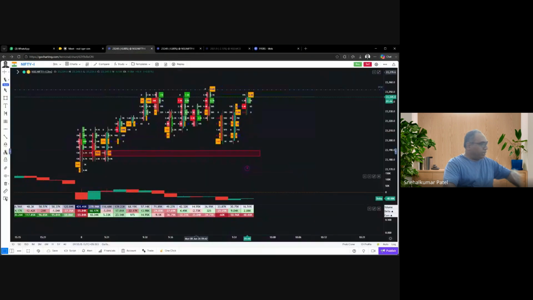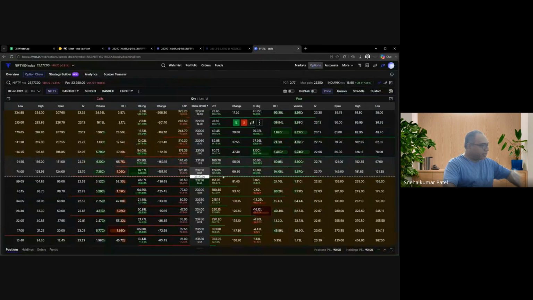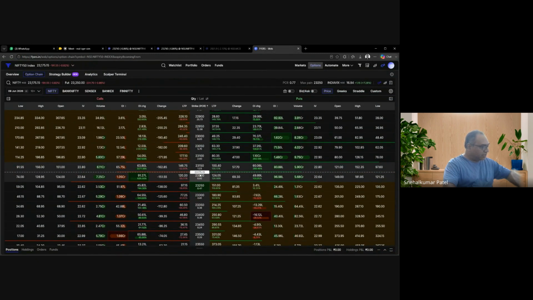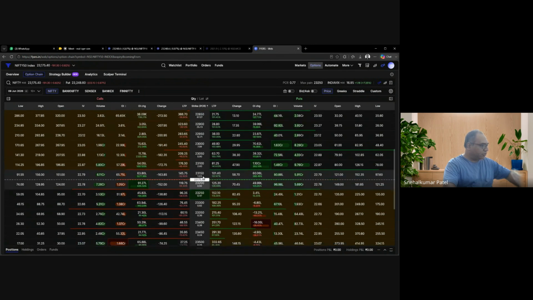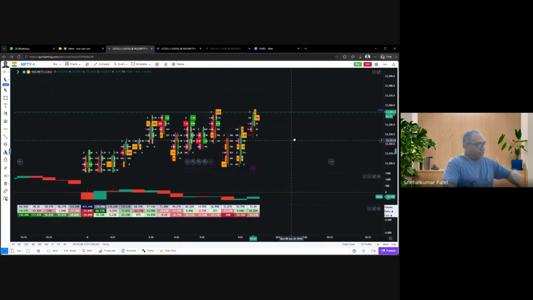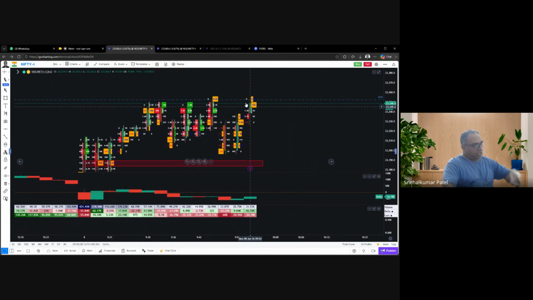And if we go back to this chart, sorry, to see what the price is now. Yeah, 23,200 is the ATM now because price has crossed 175. And this is the futures chart. Now you see the buyers are becoming aggressive here.